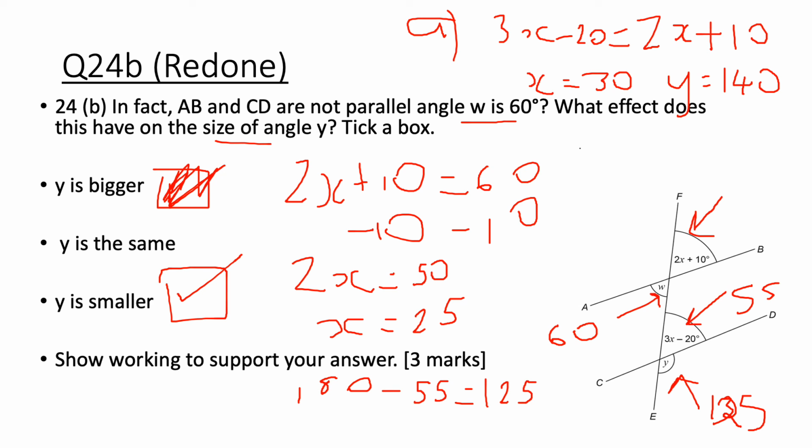But from part A, it asks you to work out what y was, and it said that A, B and C, D were parallel, so that's why we got an answer there.